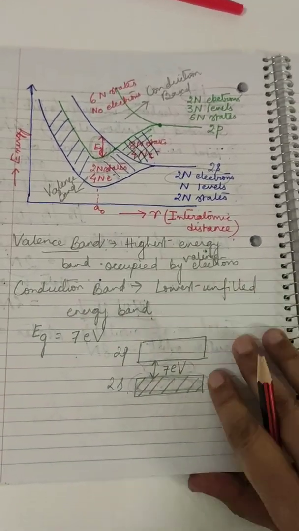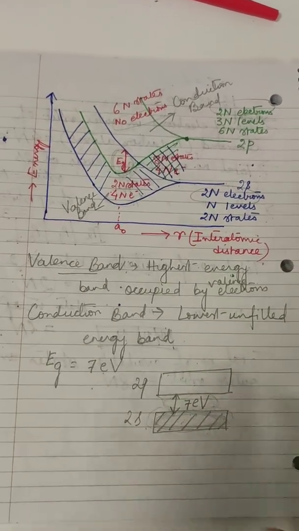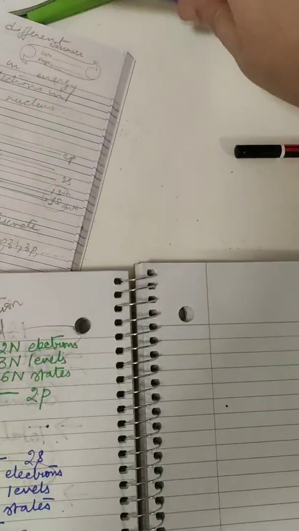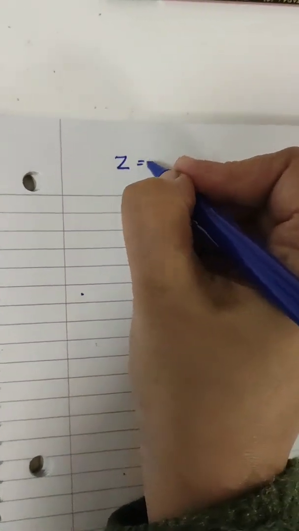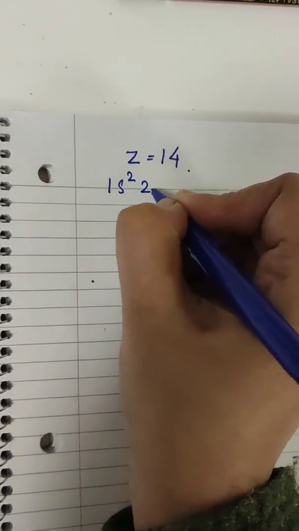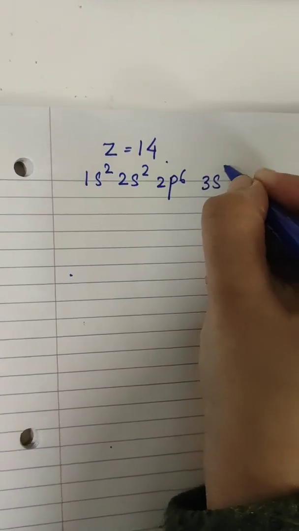Now let us make the energy band diagram of silicon. For silicon, the atomic number is Z equal to 14. So the configuration is 1s2, 2s2, 2p6, 3s2, 3p2.